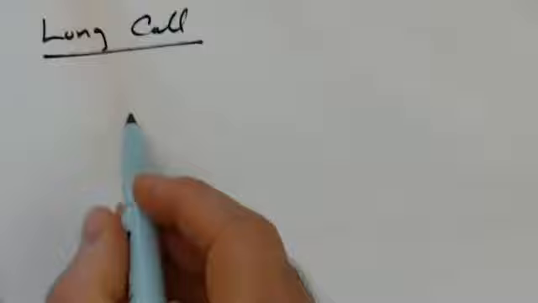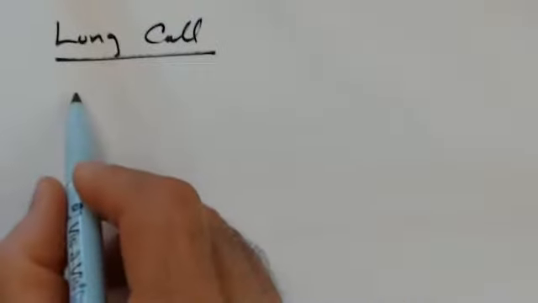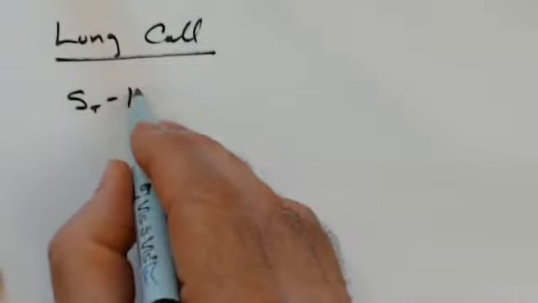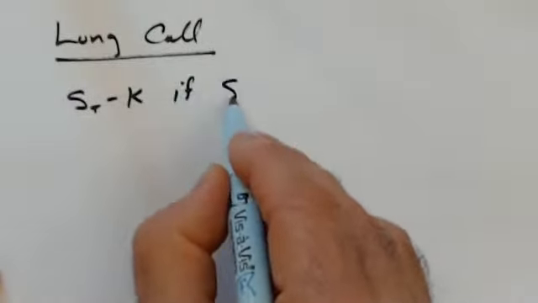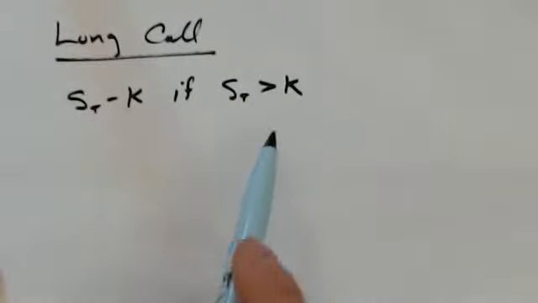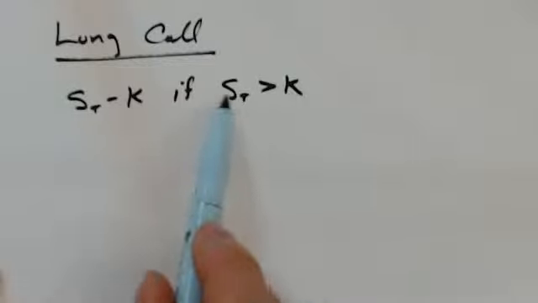A long call means you're bullish on the underlying if you buy a call. Now, the payoff for a long call is ST minus K if the stock price at expiration is greater than K. That would be a positive payoff here.